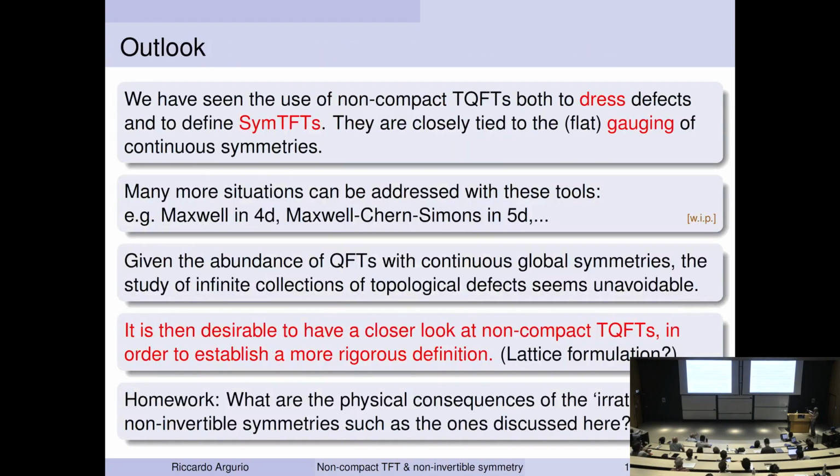Okay, so I have zero minutes to tell you the outlook. Let me just say the punchline. I tried to convince you of how to use non-compact TQFTs to do several things.